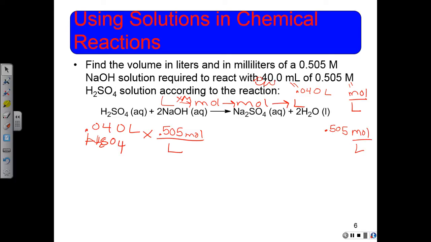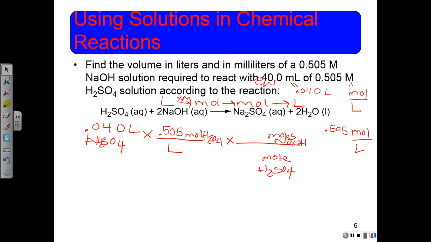Any questions on this first step? All right. What's our second step? Is our mole to mole step going to change? No, it's going to be the same. So we have moles H2SO4, so we need moles sulfuric acid on the bottom, and whatever we're trying to find is going to be on top. So we are trying to find moles NaOH.